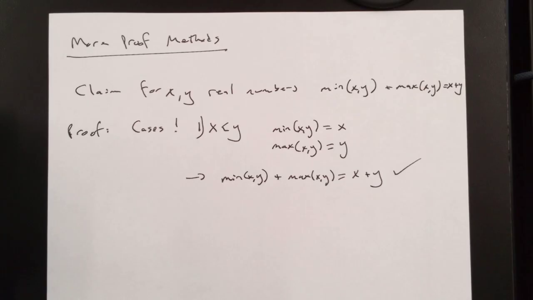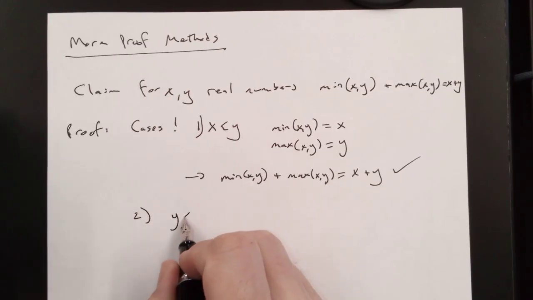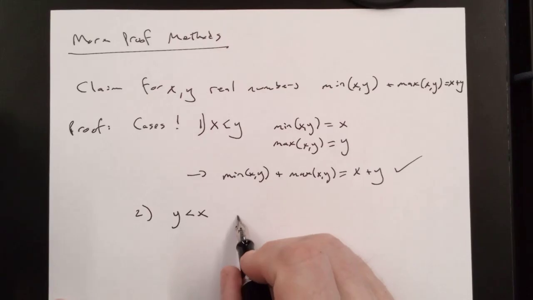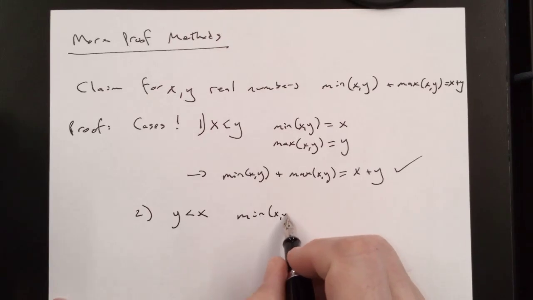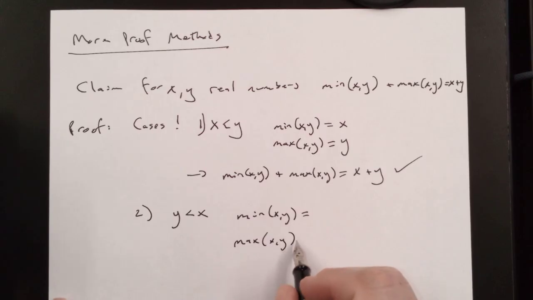But that's not the only option, is it? I could have the other option, that x is the bigger number. Well, now, the minimum of my two numbers and the maximum of my two numbers switch places.